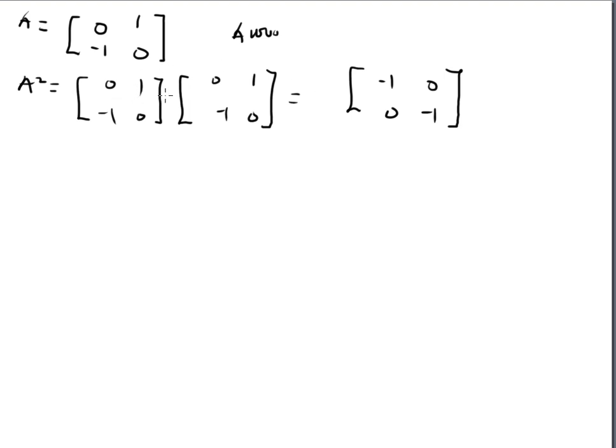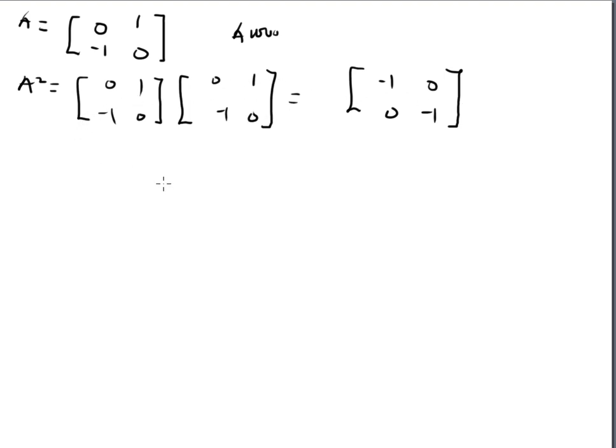So 0 times 0 plus 1 times negative 1 gives us negative 1. This row times this column, and so on in that order. So this is A squared.